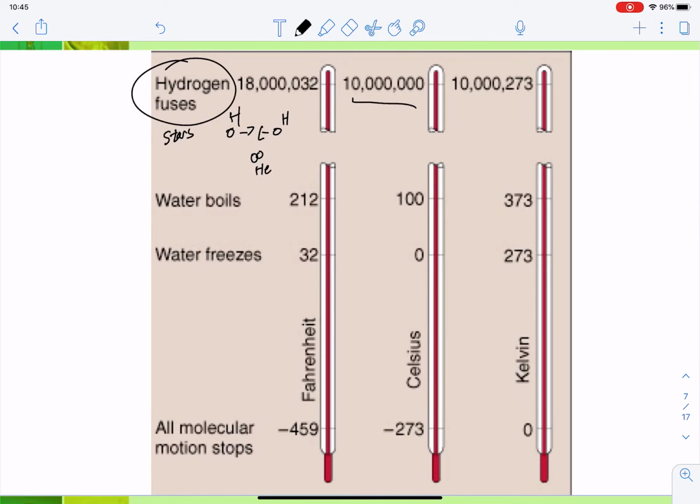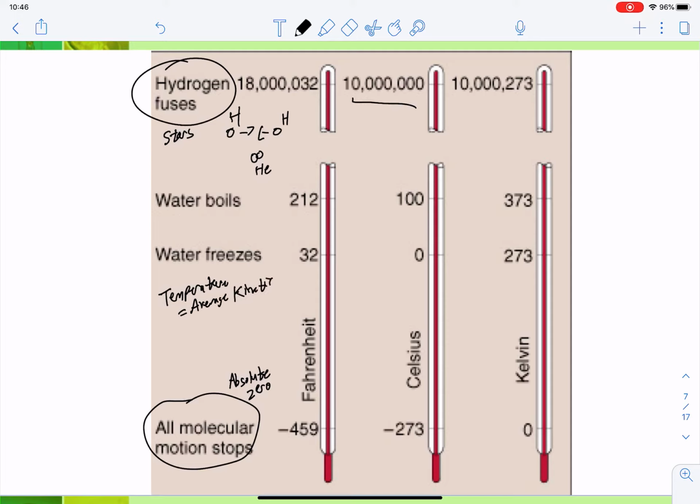We can also see that water boils, freezes, and then here we have where all molecular motion stops. This is called absolute zero, because sometimes we talk about temperature as the average kinetic energy of particles.